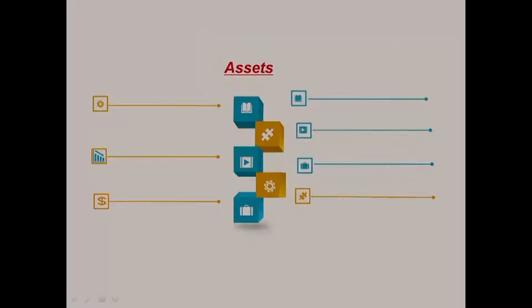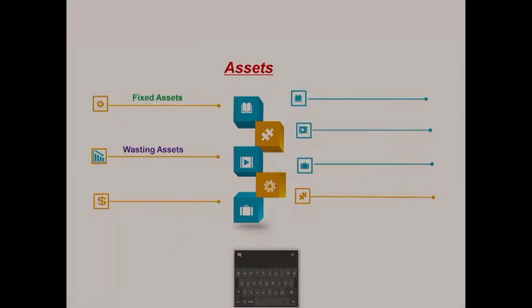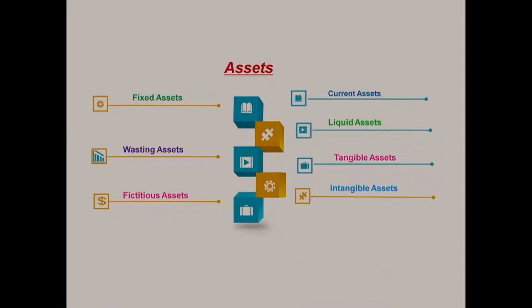Then assets: there are fixed assets, wasting assets, fictitious assets, current assets, liquid assets, tangible assets and intangible assets. Fixed assets you all know by now, like furniture and fixtures. Wasting assets are like mines, and fictitious assets like goodwill.